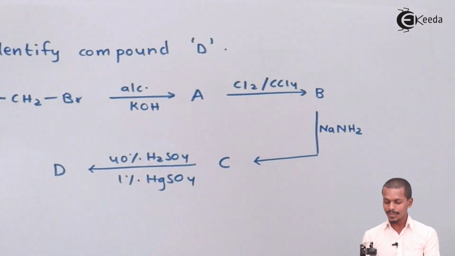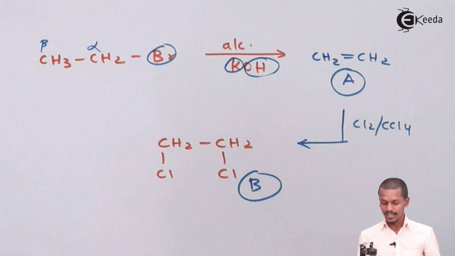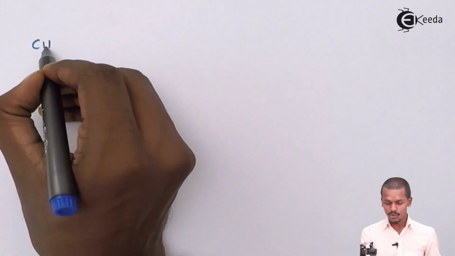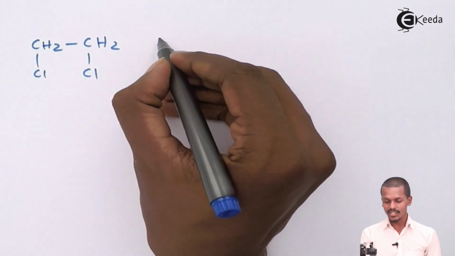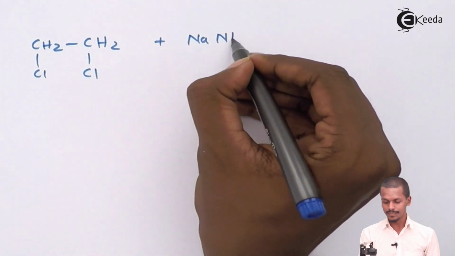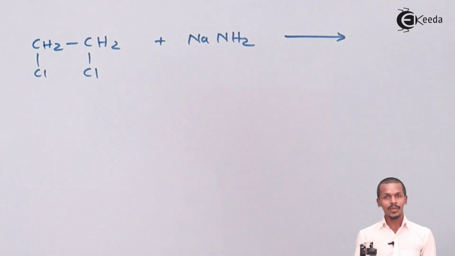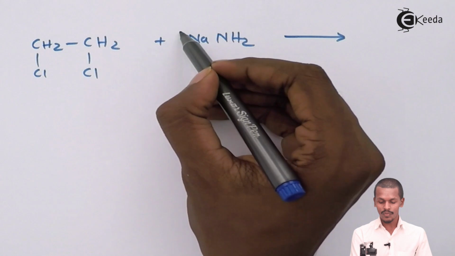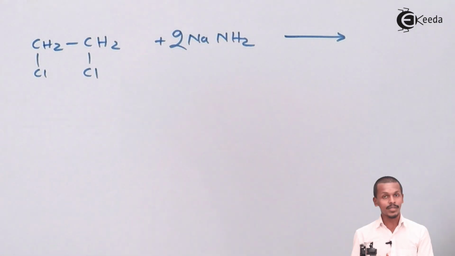But product B should be reacted with NaNH2 to form a product C. So let us form this one. CH2Cl-CH2Cl reacts with NaNH2. In this case we are using a base like NaNH2, so 2 moles of NaNH2 can be used, and 2 moles of NaCl will be formed as a byproduct.